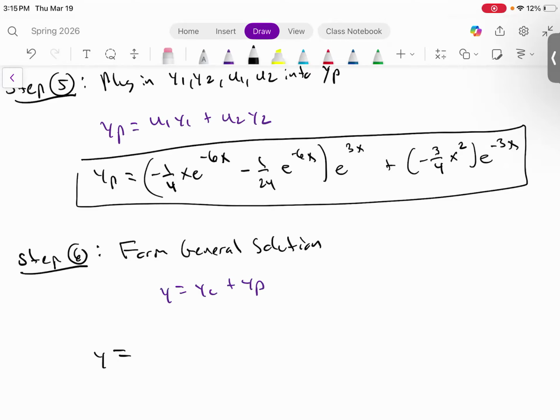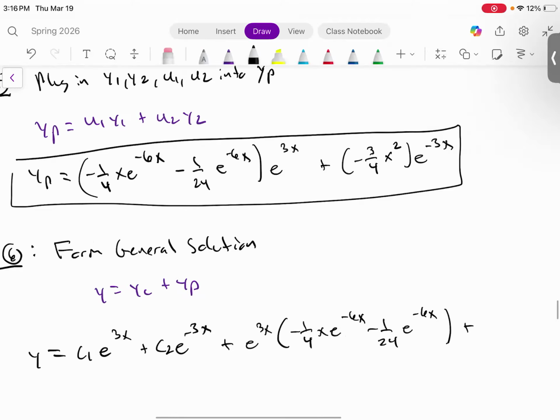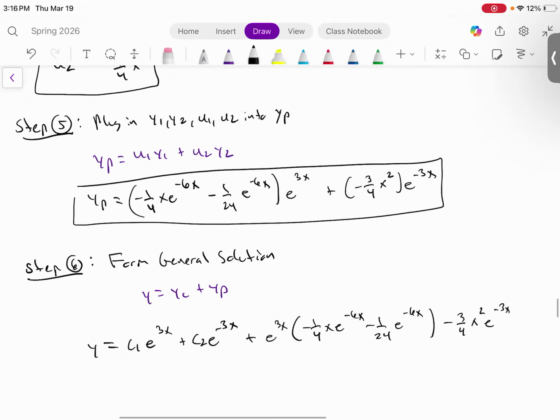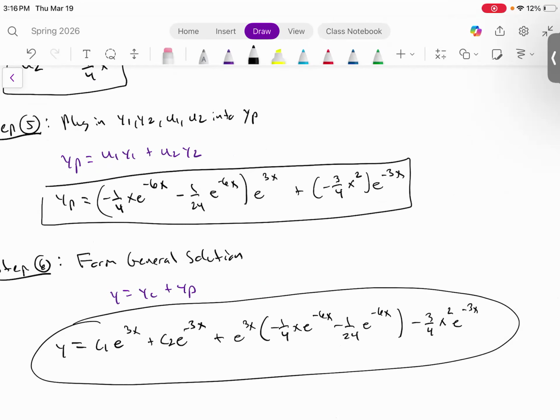So my general solution would be C1 e to the 3x plus C2 e to the negative 3x plus, I'm going to bring the e to the 3x up front, e to the 3x times negative 1/4 x e to the negative 6x minus 1 over 24 e to the negative 6x, I could take the parentheses off, minus 3/4 x squared e to the negative 3x. And that's my general solution.